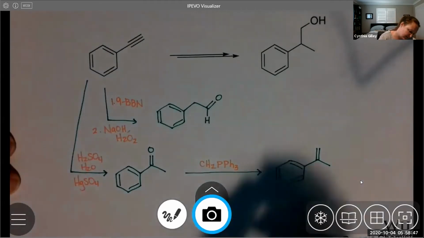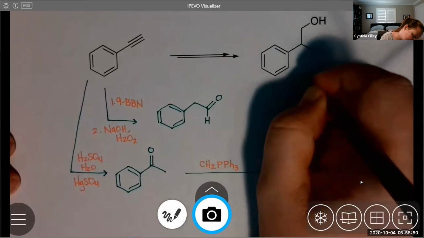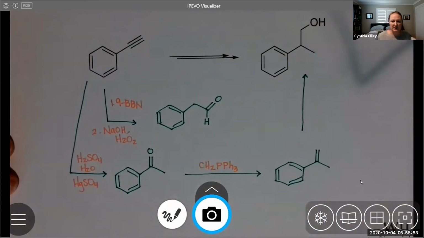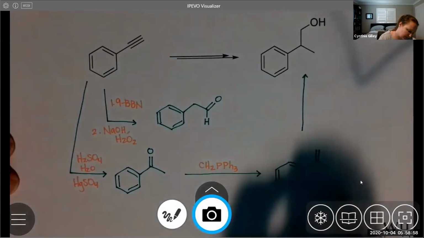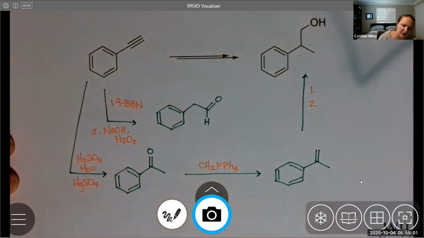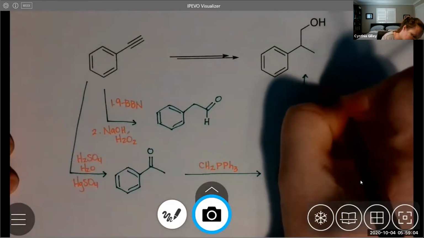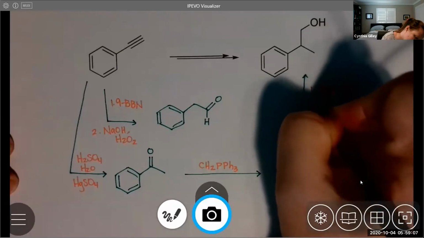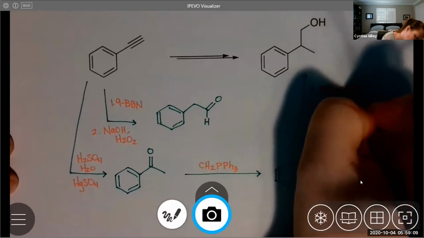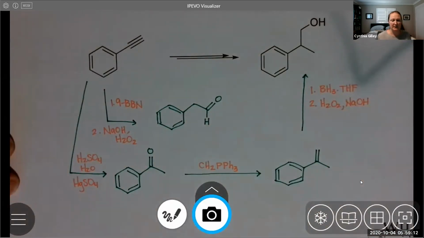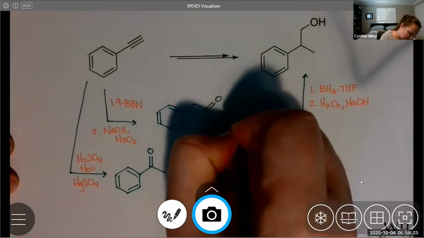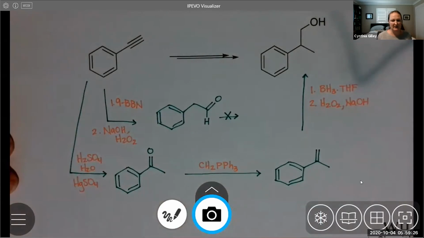And then from here, I can convert that alkene to an anti-Markovnikov hydrate product, right, through use of hydroboration oxidation, which utilizes BH3THF and hydrogen peroxide and sodium hydroxide in the second step. Okay, so that's one option. There may be other options, but this is one possible pathway. Right here, this kind of led me to a dead end, so I just abandoned that route.